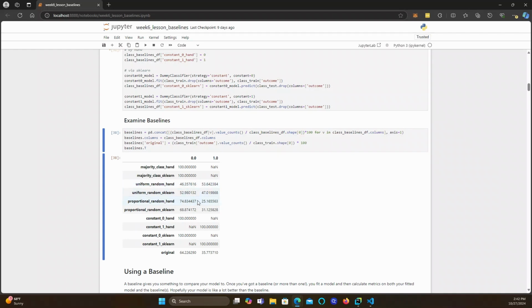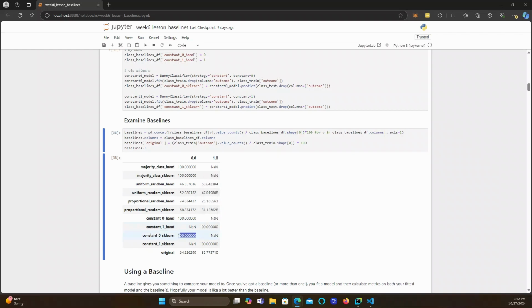Now when we did it proportionally, by hand, about 75% of our predictions were zeros and 25% were ones. And then when we did it with scikit-learn, it was about 69% and 31%. And that's the biggest difference between the two, by hand and by scikit-learn, which is pretty interesting. So when we did constant 0 baseline by hand, 100% of predictions are zeros. Constant 1 baseline by hand, 100% of predictions are ones.